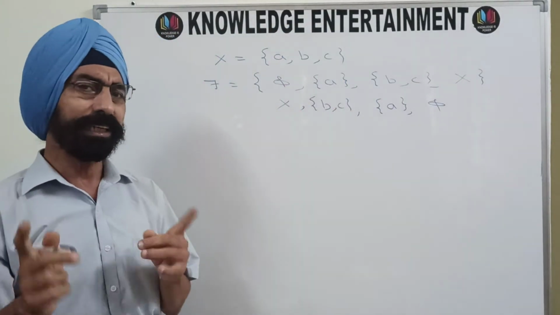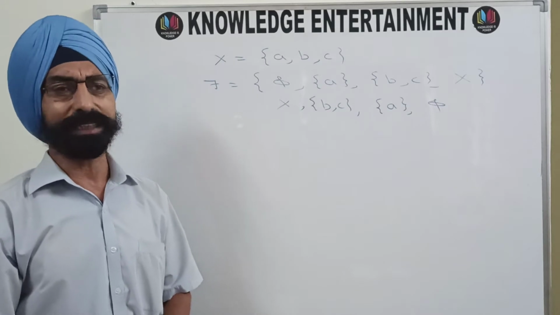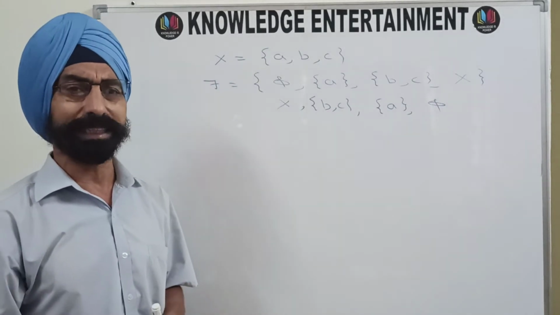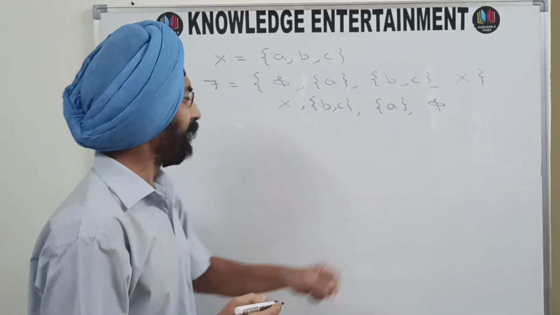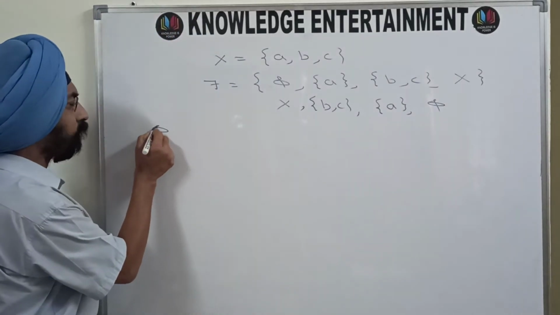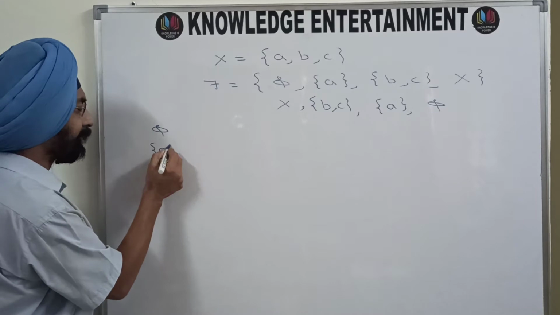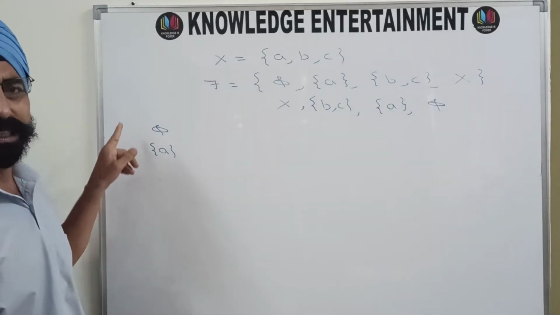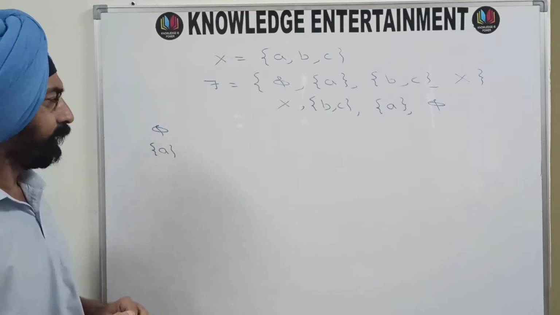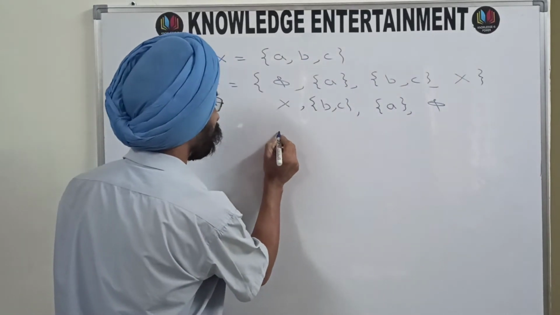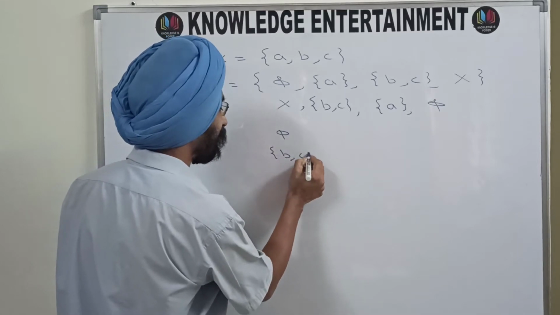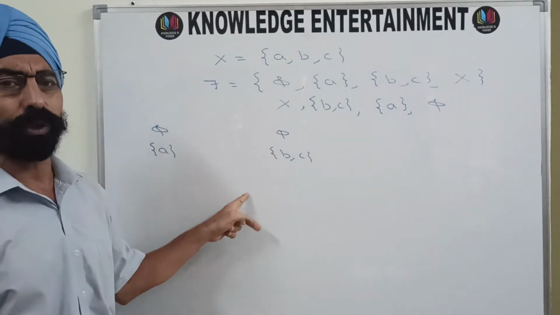Now I need two disjoint closed sets. There are several possibilities. What are these possibilities? First of all, you can have the pair phi and the singleton set A. They are both closed and are disjoint. Their intersection is phi. You can have the pair phi and the set containing the elements B and C. It is also a pair of disjoint closed sets.